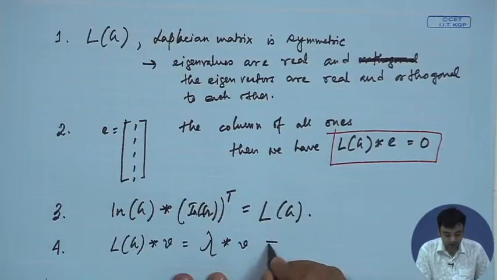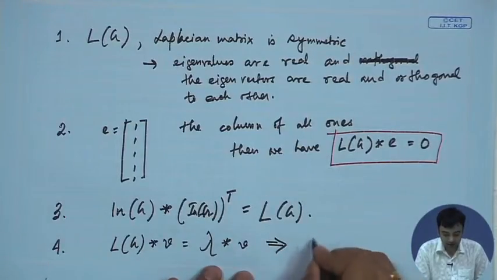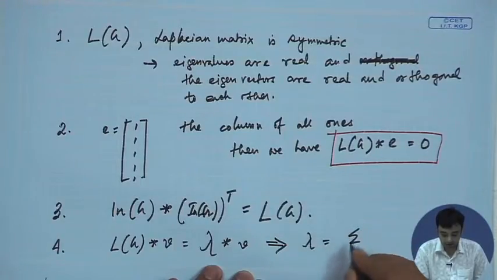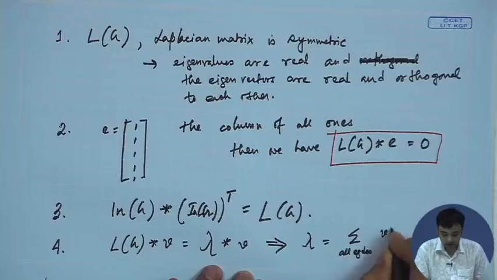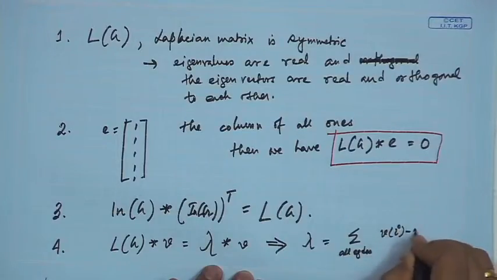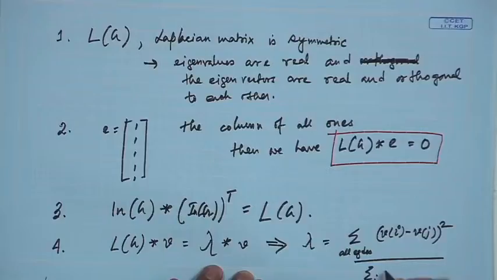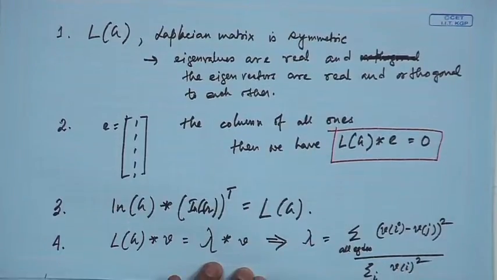So, this actually tells you that lambda is equal to the sum over all edges of (v_i minus v_j) whole square, divided by the sum over all nodes of v_i whole square.